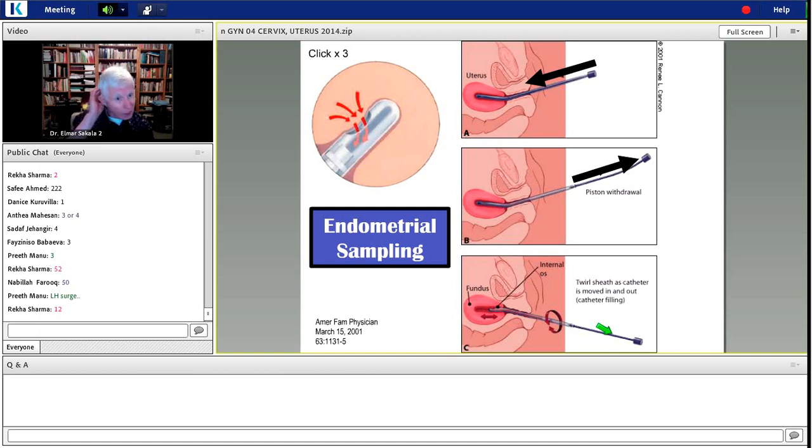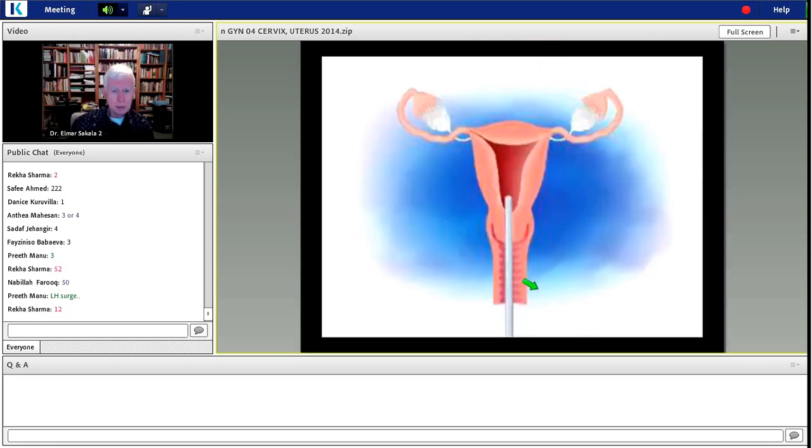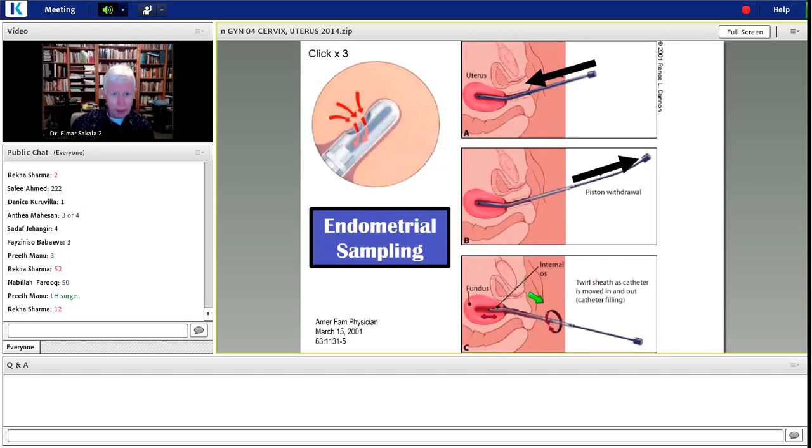All right, we already talked, I think it was yesterday, about how the endometrial sampling works. There is this opening on the side of the instrument. You put it into the cervix, into the uterine cavity. You pull back the piston. It creates a suction, and then it will rotate. And as it rotates, it sucks in the surface cells.